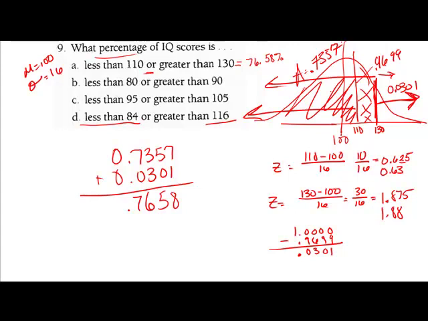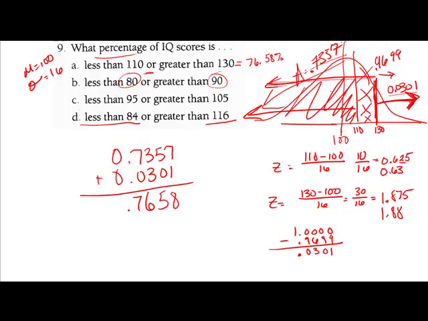Ta-da! So really all this question is asking you to do is to go ahead and find the two z-scores that represent these numbers, and then once you have those numbers, draw the curve and find the area of the curve that is in between those numbers. So find the area of the curve that's less than 110, find what area of the curve is less than 130. If you know what's less than 130, then you also know what's more than 130, and then add those two numbers together.